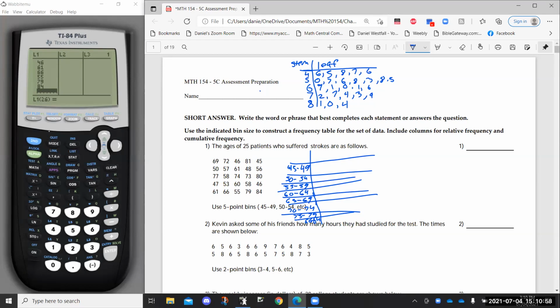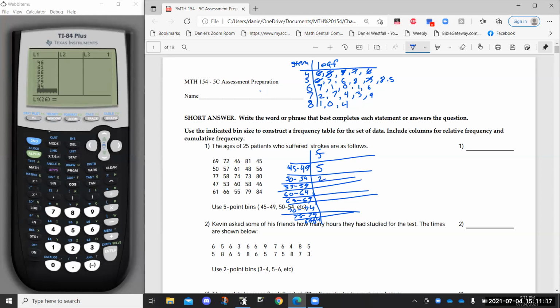So 45 to 49. 1, 2, 3, 4, 5 of them. It's going to be my frequency, right? 50 to 54. 1, 2, 2 of them.